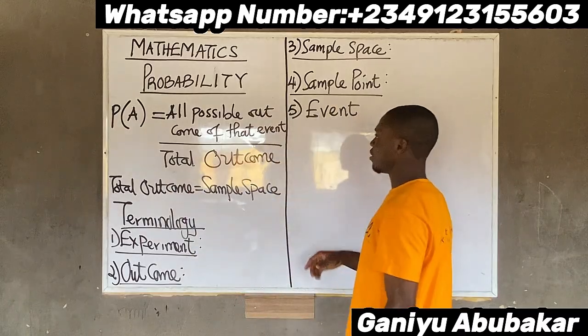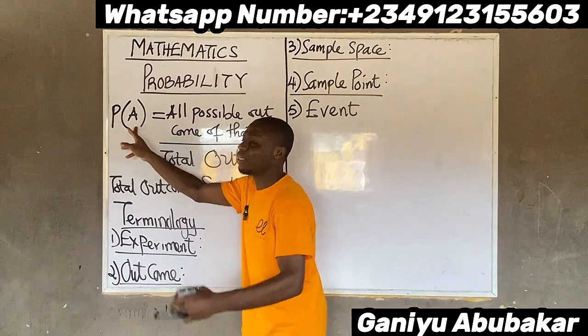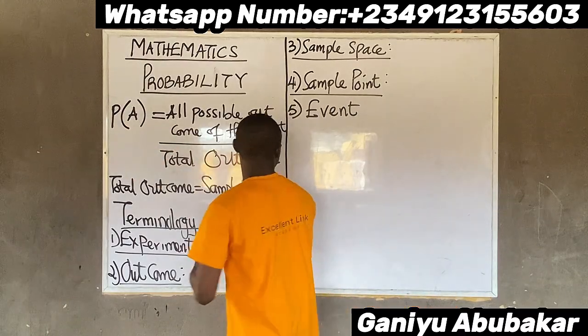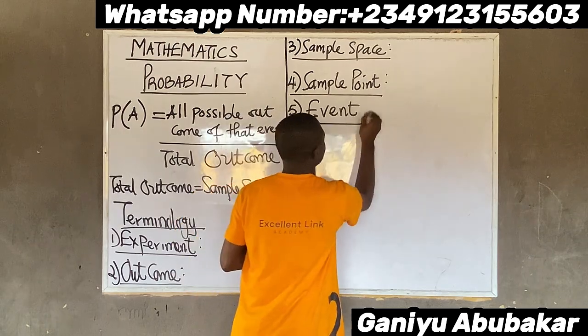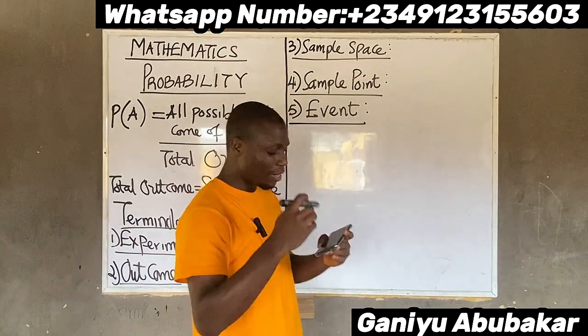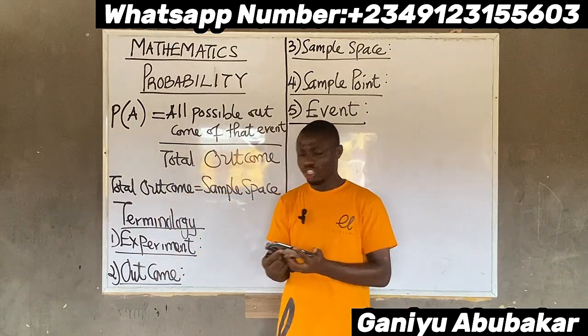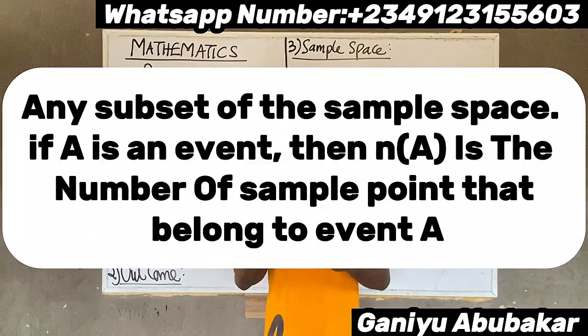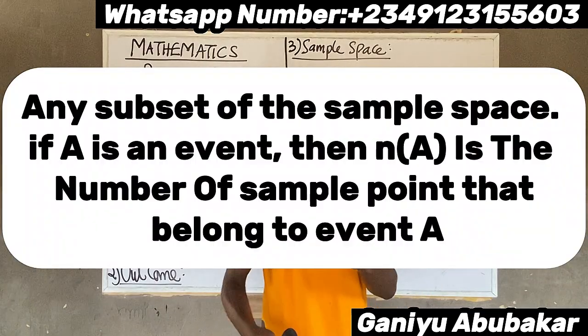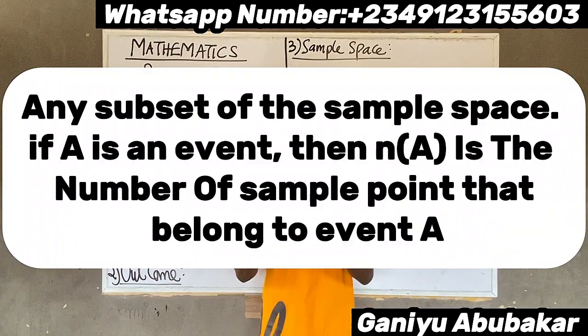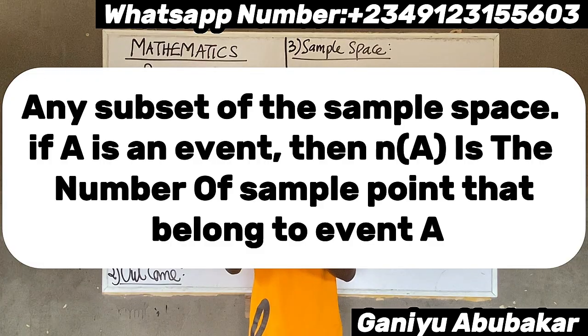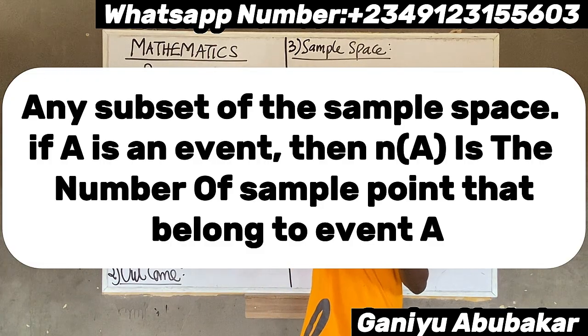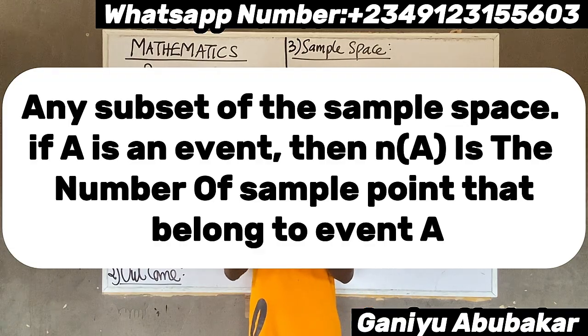Now, what's an event? When we say event A, event B, or whatever, what's an event? Definition, please. An event, please put down: any subset of the sample space is called an event.